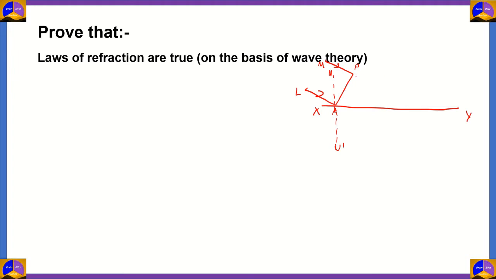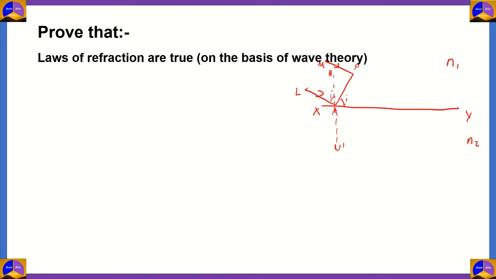Now over here you will notice that this medium has refractive index N1 and this medium has refractive index, say, N2. So refraction occurs. So now we'll consider this to be the angle of incidence, which is equal to I here.